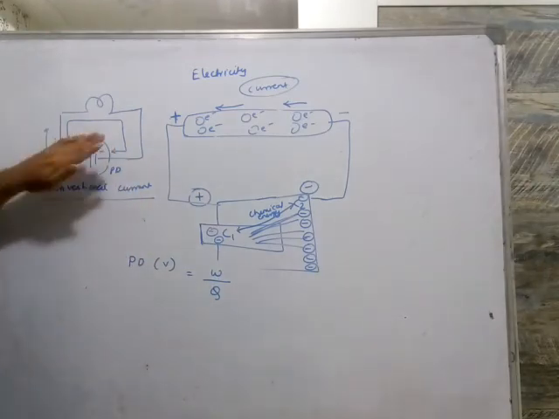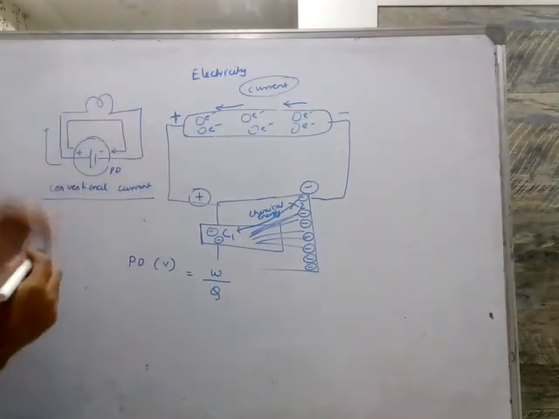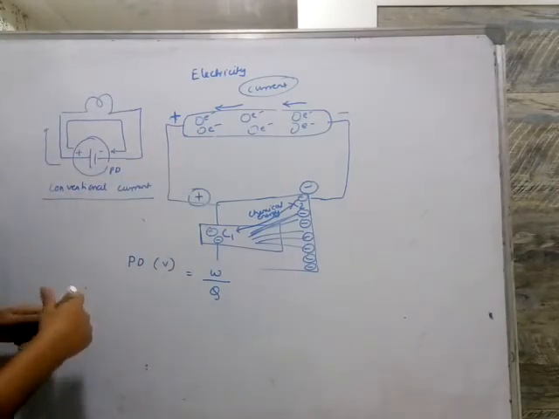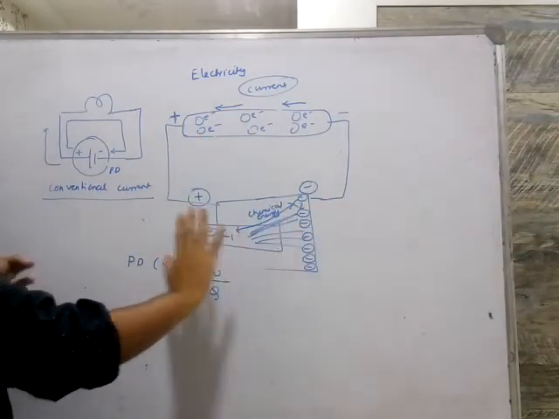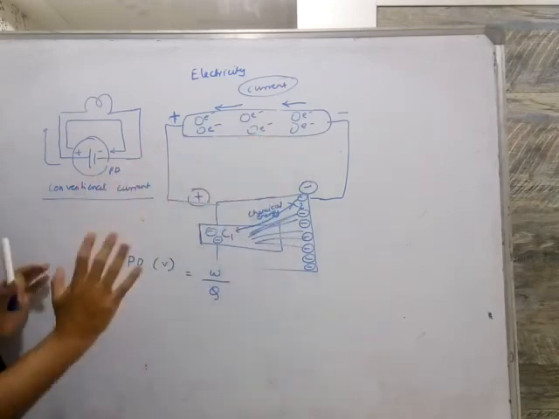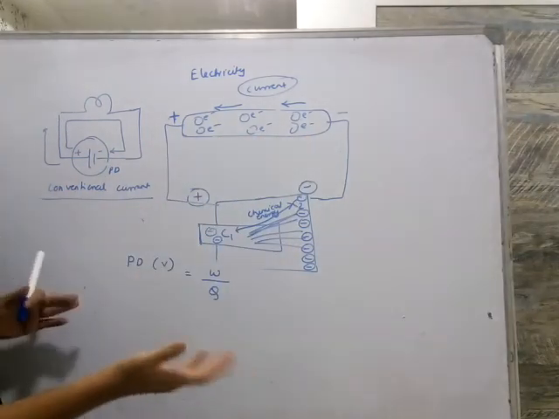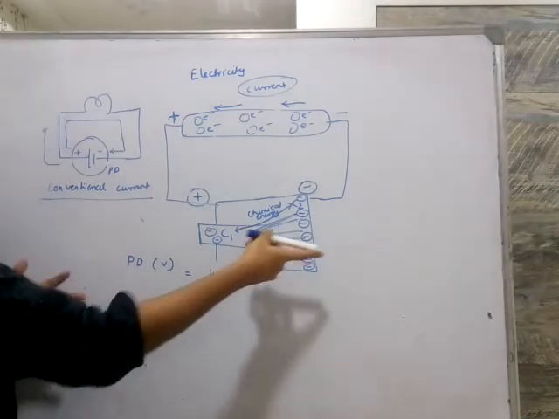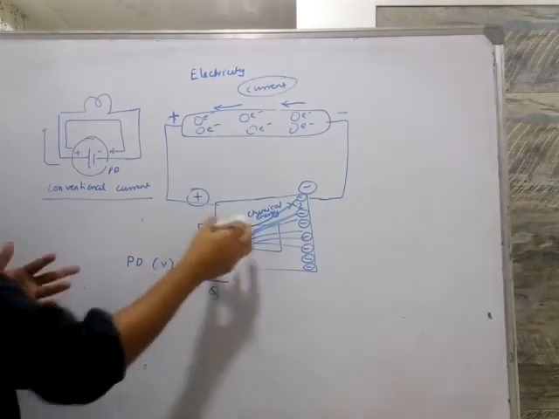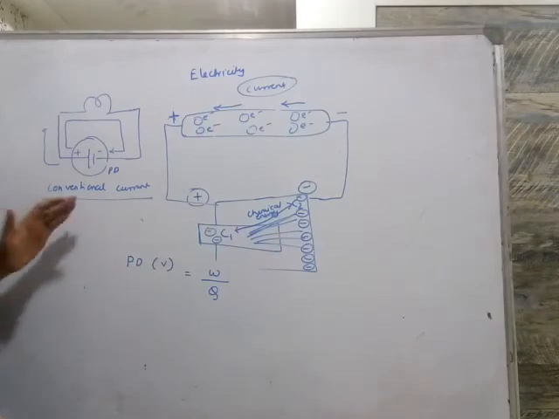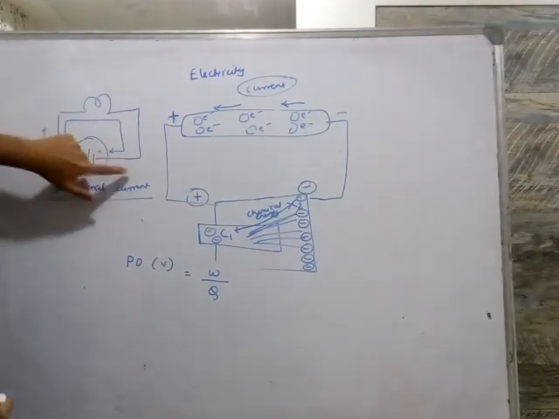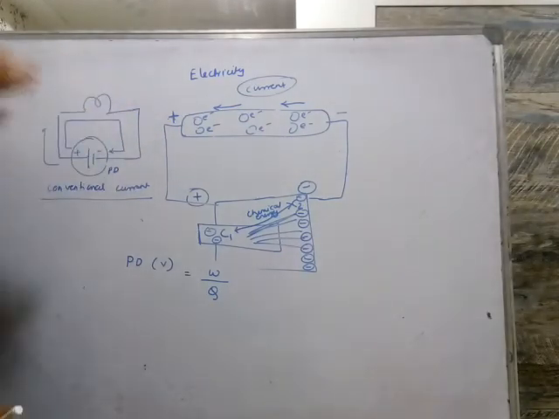If I take just a copper wire without connecting it to a cell, will it show flow of electrons, flow of current? No. There is no current because there is no potential difference. Because of the potential difference, the current moves in your circuit.